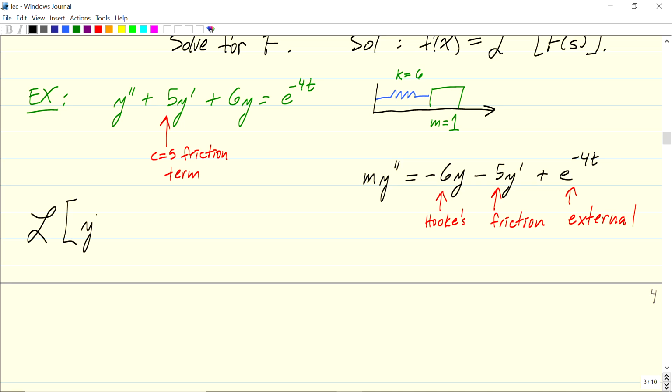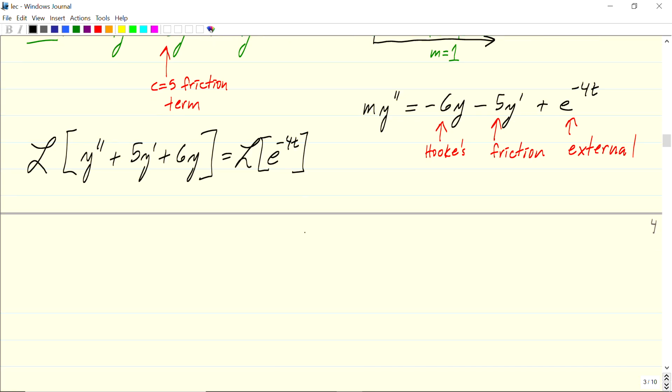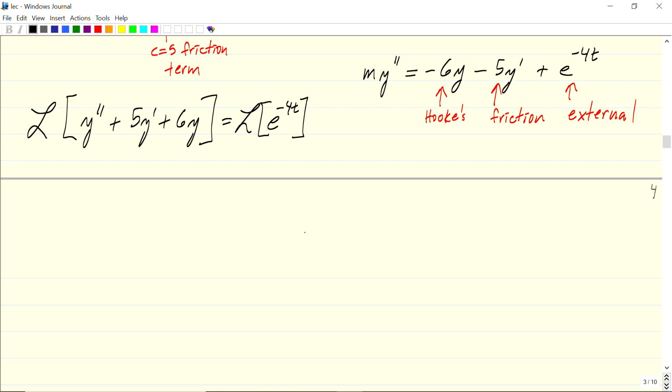So I have the Laplace transform of y double prime plus 5y prime plus 6y. Of course, that would equal the Laplace transform of e to the minus 4t. And then I would use the basic rules of the Laplace transform. This would be s squared times the Laplace transform of y, minus s times little y at 0 minus y prime at 0. That's the Laplace transform of the second derivative.